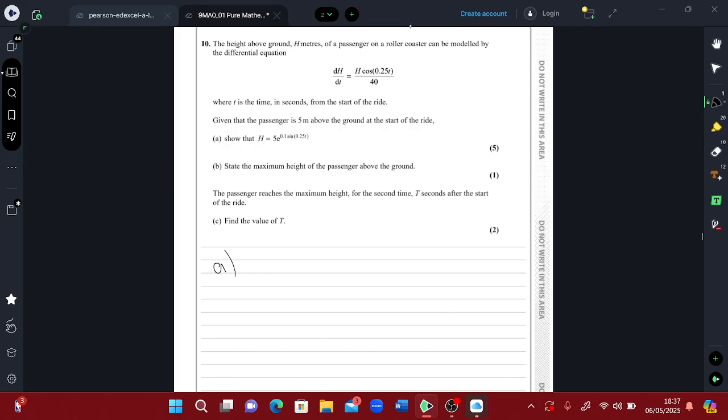Okay, so what have we got here? The height above ground of a passenger can be modelled by the differential equation. Whenever you spot it's a differential equation, look at the marks, because you'll almost 99.9% be required to solve it to find something out.